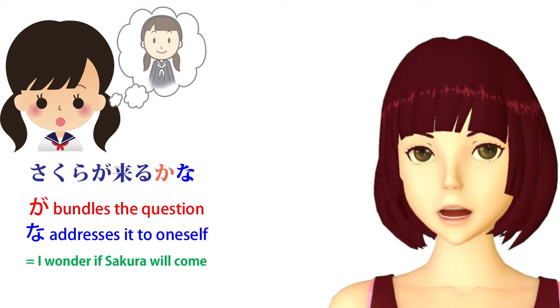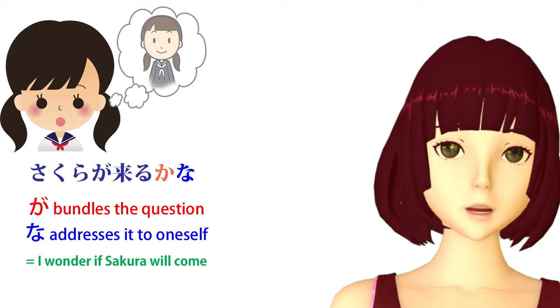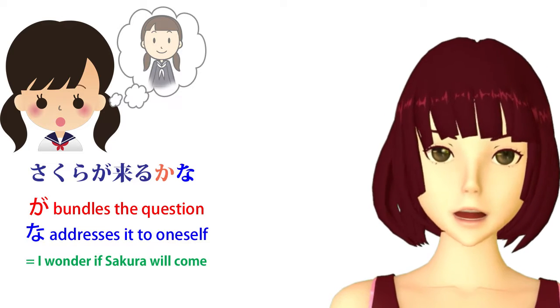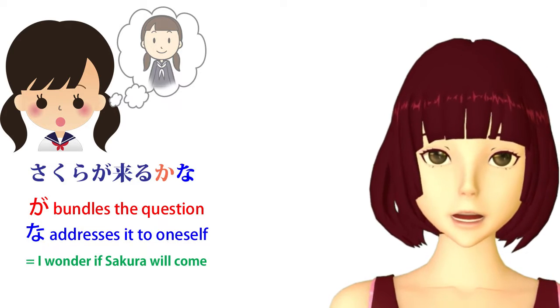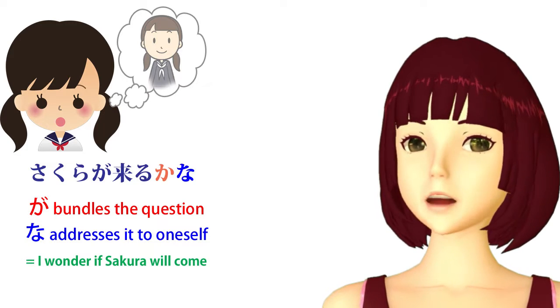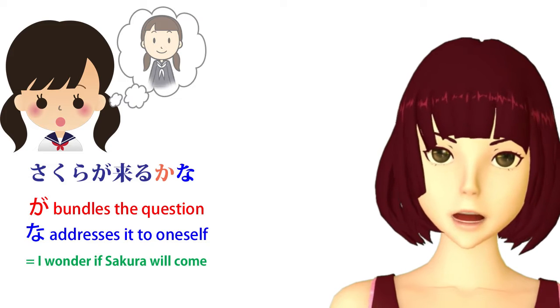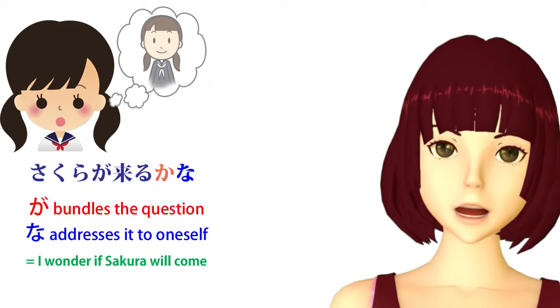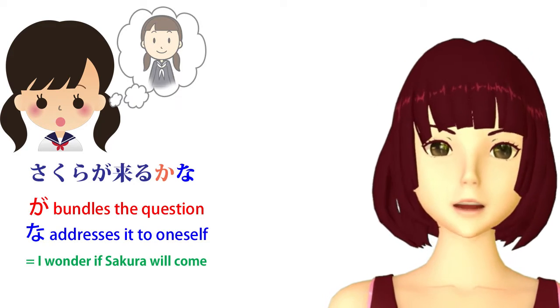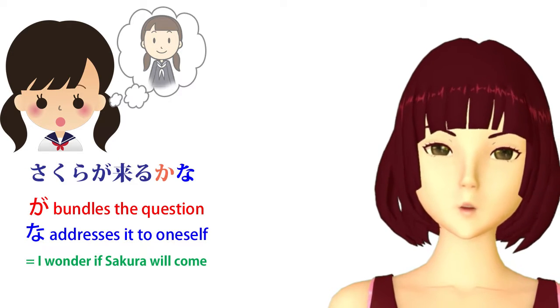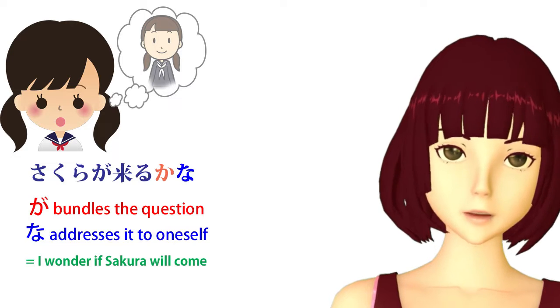Now na, as we've discussed in another video, is a marker that indicates addressing something to yourself. So you're saying, will Sakura come? Addressing that to yourself. The way we would say that in English is, I wonder if Sakura will come. I am pondering the question of whether Sakura will come.